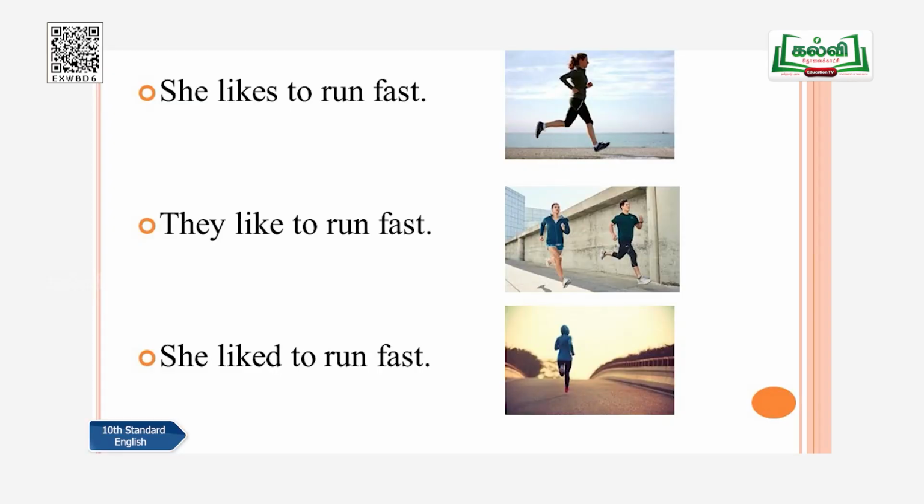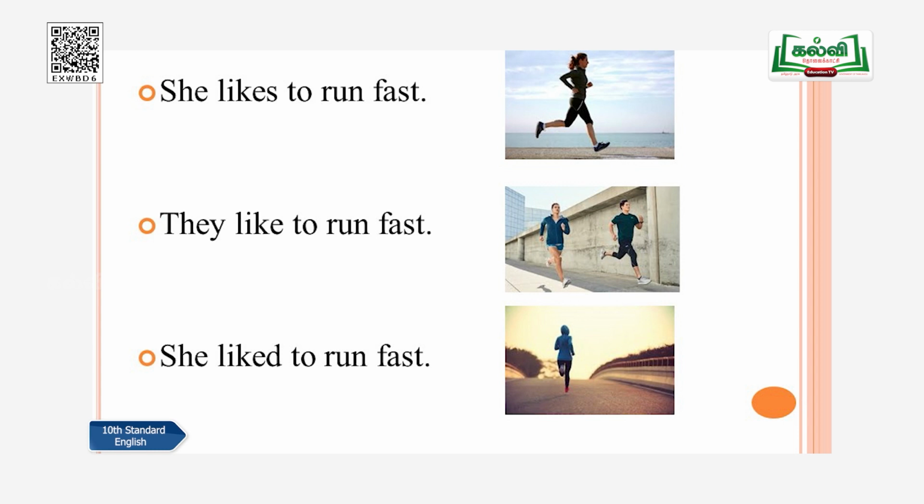Now in the same sentences, try to identify the finite verb and the non-finite verb. First sentence, likes is finite, to run is non-finite. Second sentence, like is finite, to run is non-finite. Third sentence, liked is again finite, to run is non-finite.